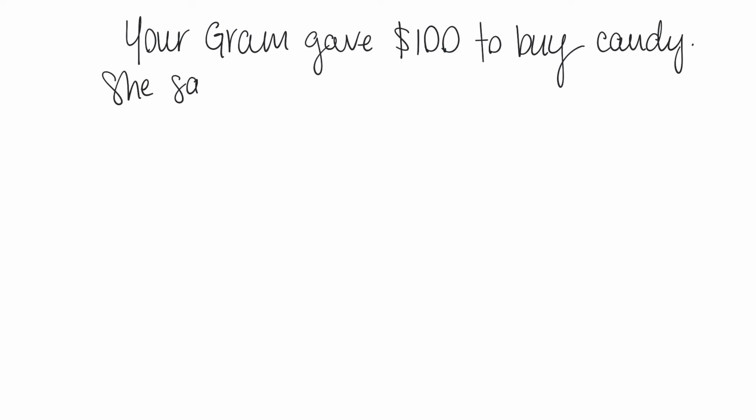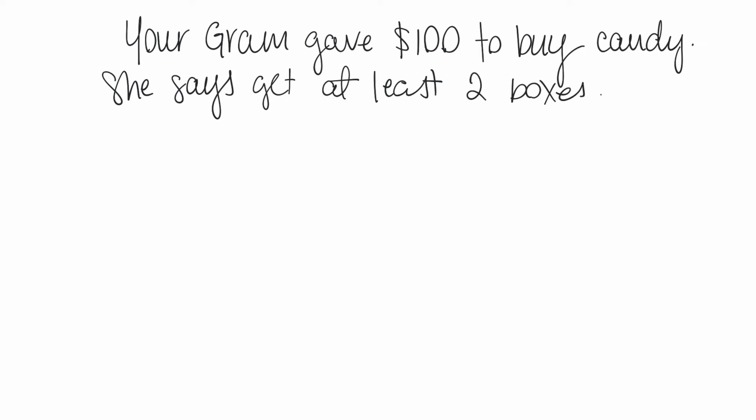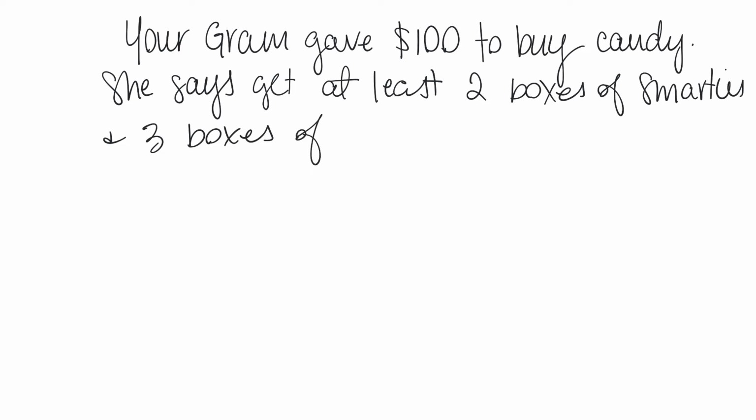She says get at least 2 boxes of Smarties and 3 boxes of, what's another really good one? No peanuts allowed. Oh, I know, the one with Kit Kats. I like those. So you need to buy at least 2 boxes of Smarties and 3 boxes of Kit Kats. Otherwise, she doesn't care what you get.